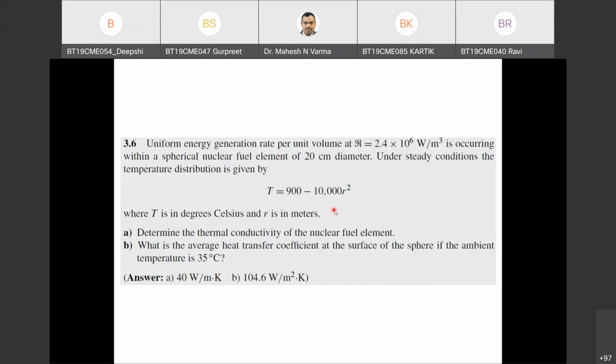So dT by dr is minus 20,000 into 0.2. Okay, and whatever flux you have got, divided by this dT by dr, you should get k. This value of k is 40.